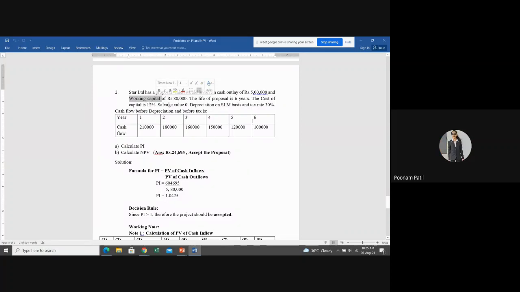Current assets minus current liabilities.